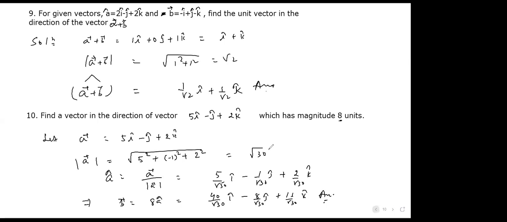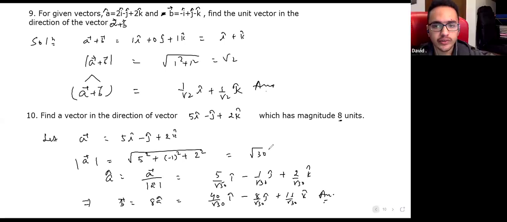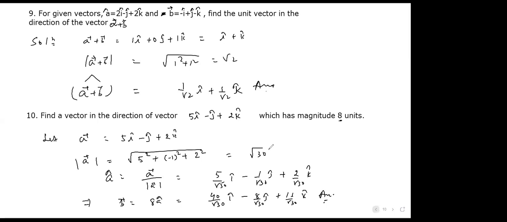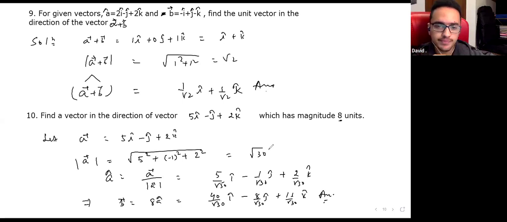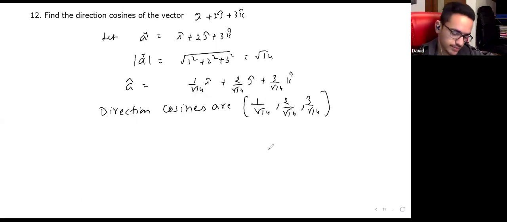Here we had to find a vector in the given direction, and the magnitude should be 8. So we just determined the unit vector, and then we multiplied by 8. Got it, sir.